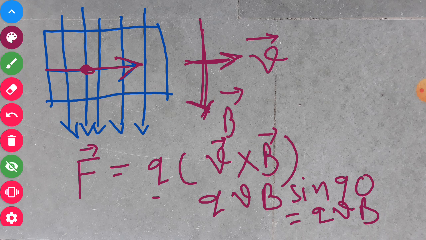So the force is perpendicular to both vectors, velocity and magnetic field. The force will only change the direction of the motion, and it will not change the magnitude of velocity. Only the direction of motion is changed.